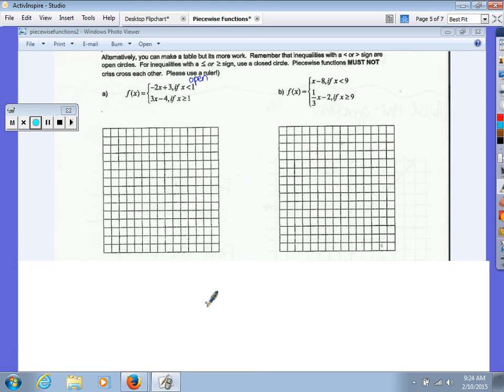All right, what about for the second equation? And what makes that closed? Very good. Now the other thing, they just gave me a grid. They didn't give me an XY axis, so I'm just going to draw it kind of halfway. My lines aren't going to be very straight. It doesn't have to be exactly like mine.